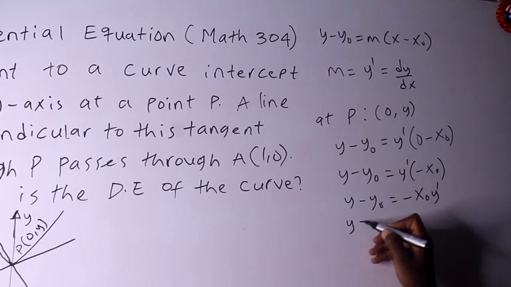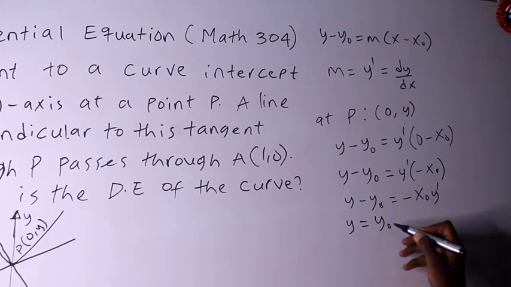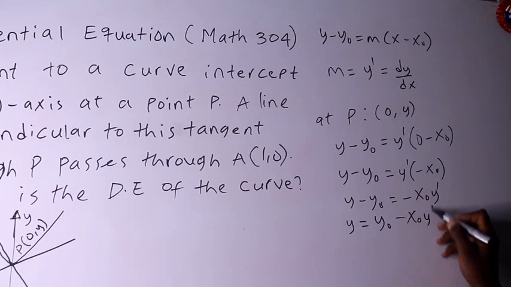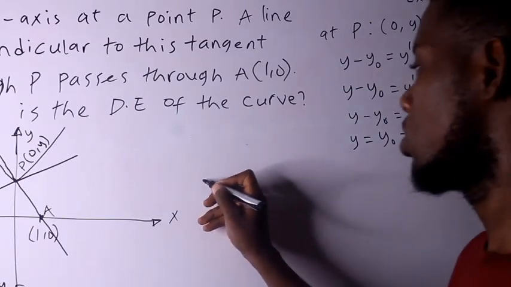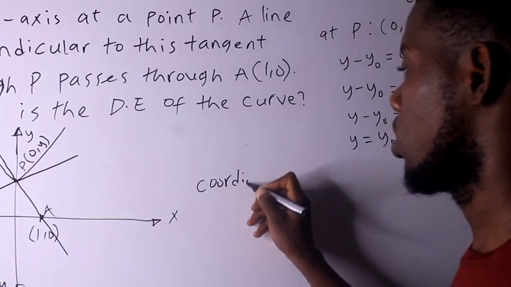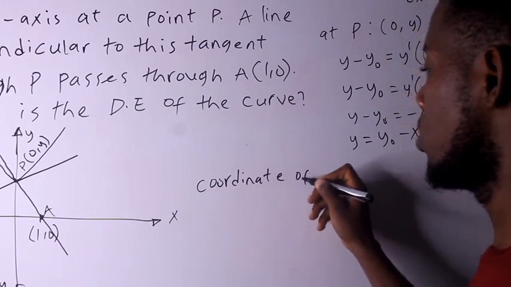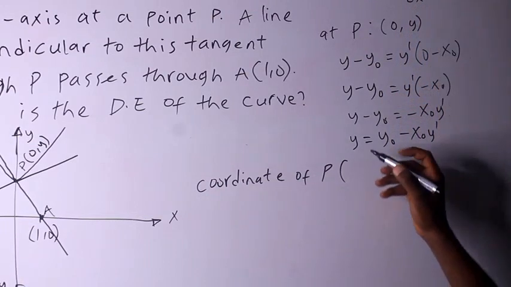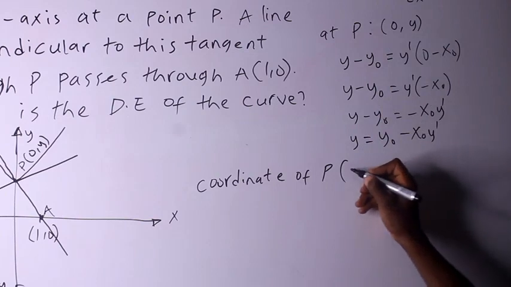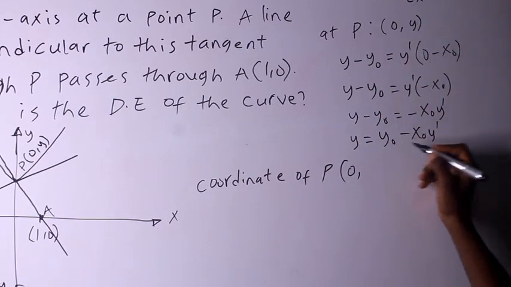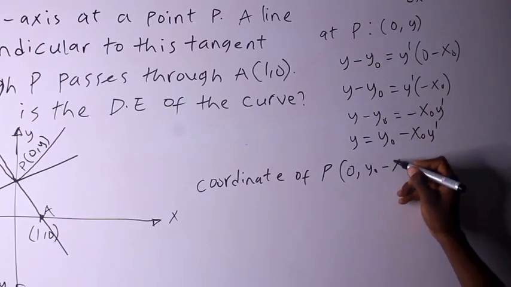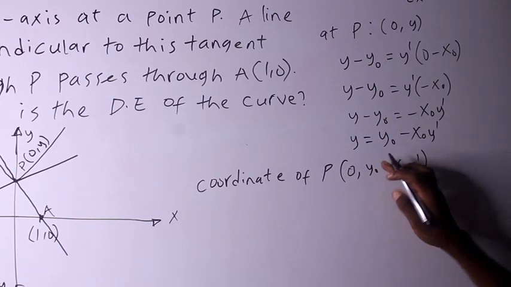So y is equal to y naught minus x naught y prime. So the coordinate of P is x is 0 and y is y naught minus x naught y prime.